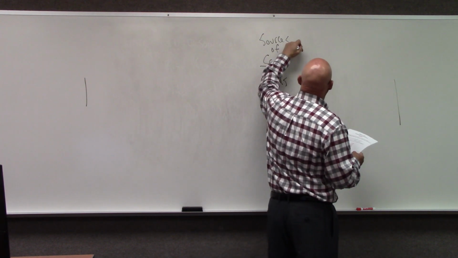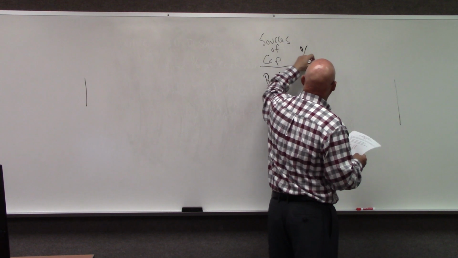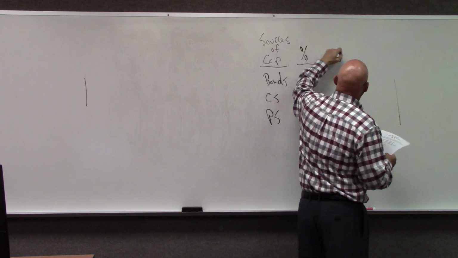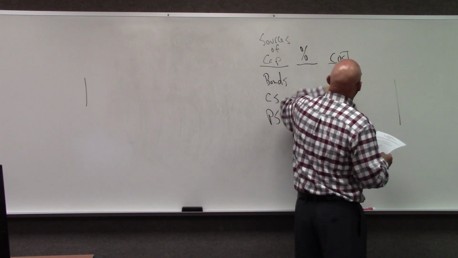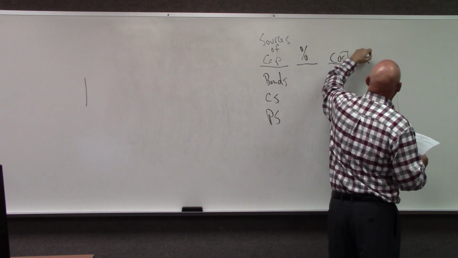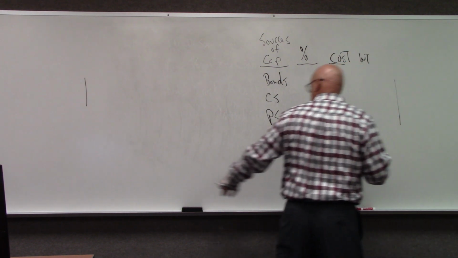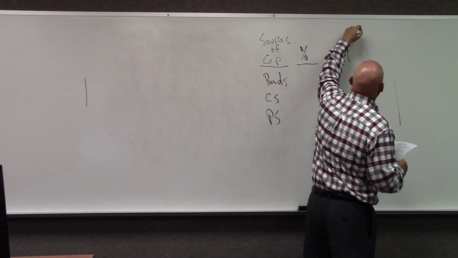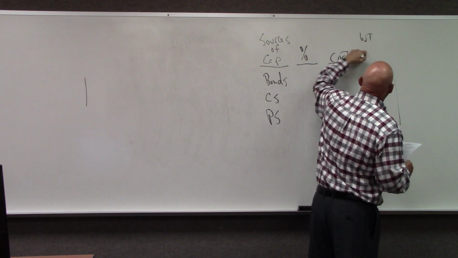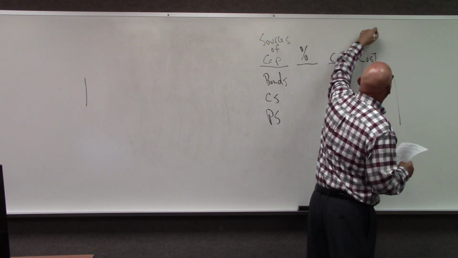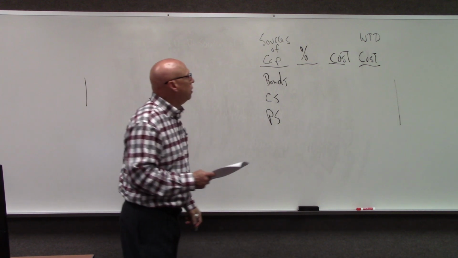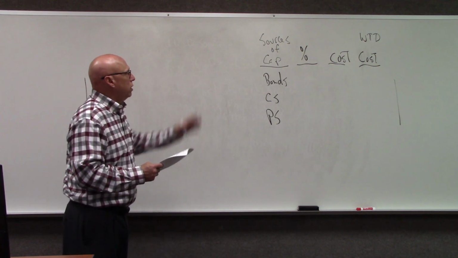Then we have percentage of capital, percentage of each. Then we have the cost of each, and then we have the weighted cost. We'll wrap text that and push this up here. Okay, now we have to go about filling the rest of the table in.